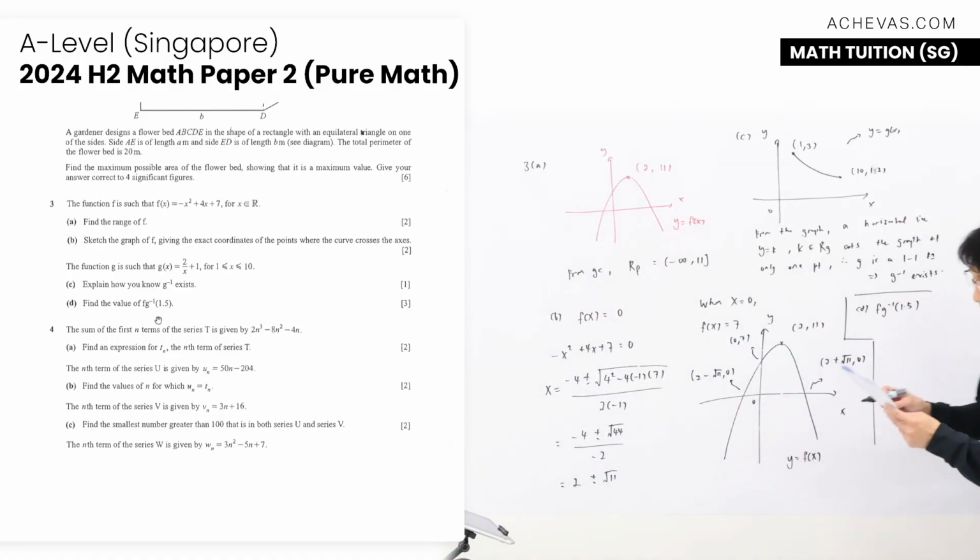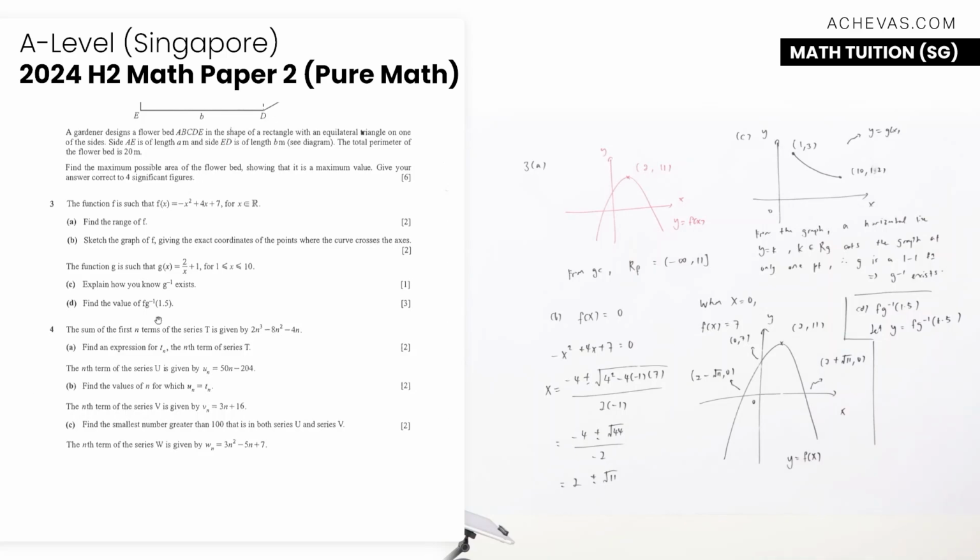I'm going to write this down in this way. I'm going to let y be equal to fg inverse 1.5 first.